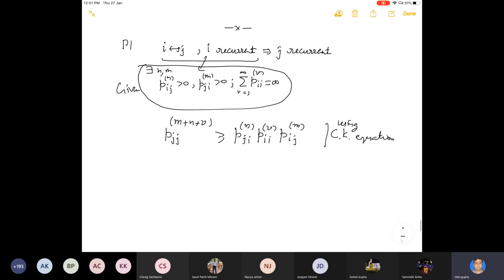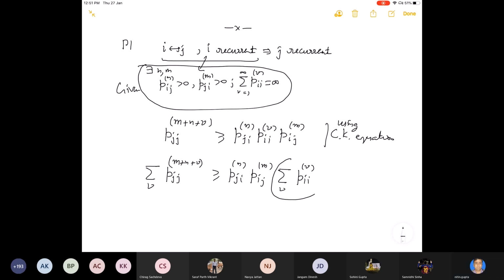Now take summation on both sides, summation over nu of P_jj^(m+n+nu) is greater than or equal to P_ji^(n) P_ij^(m) times the summation over nu of P_ii^(nu), but we know that this diverges.